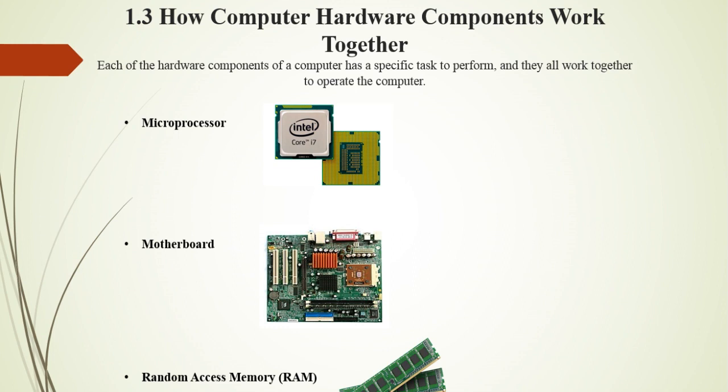Here we are going to see how the computer hardware components work together. Each of the hardware components of a computer has a specific task to perform, and they all work together to operate the computer. Microprocessor, it is often known simply as a processor or a central processing unit.